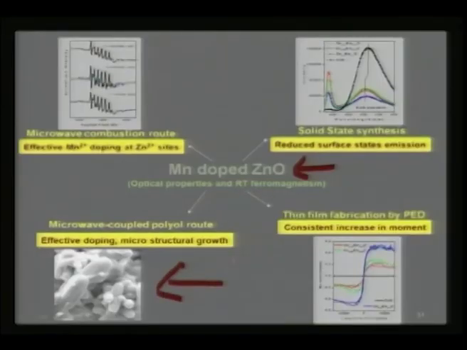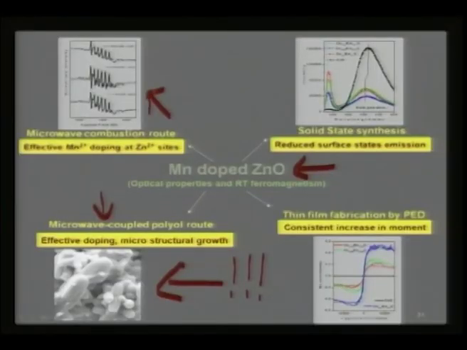Polyol route is the best for low doping concentration, but what happens, the magnetic property is not convincing, whereas in the other cases where we have seen clear evidence for other phases of manganese, you get very arresting magnetic signature.